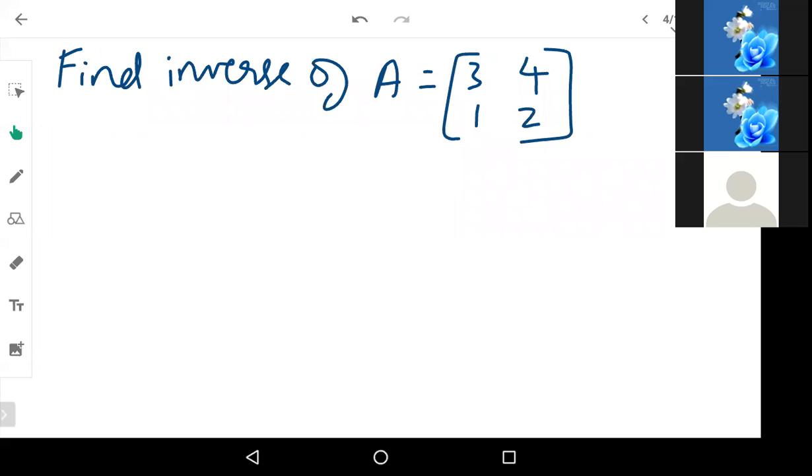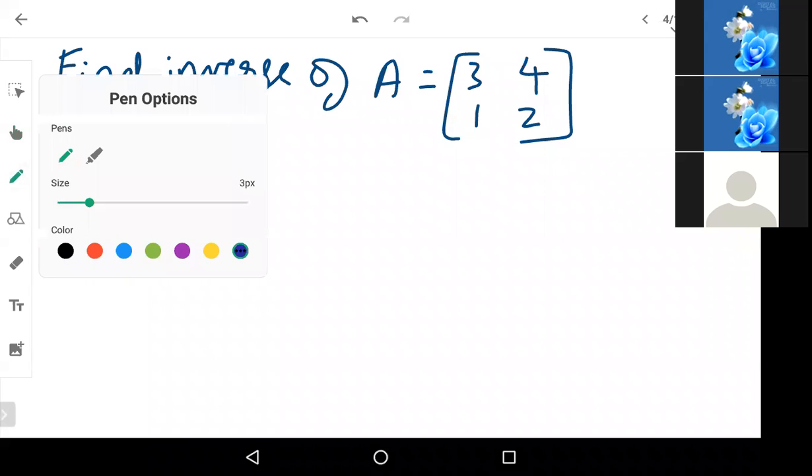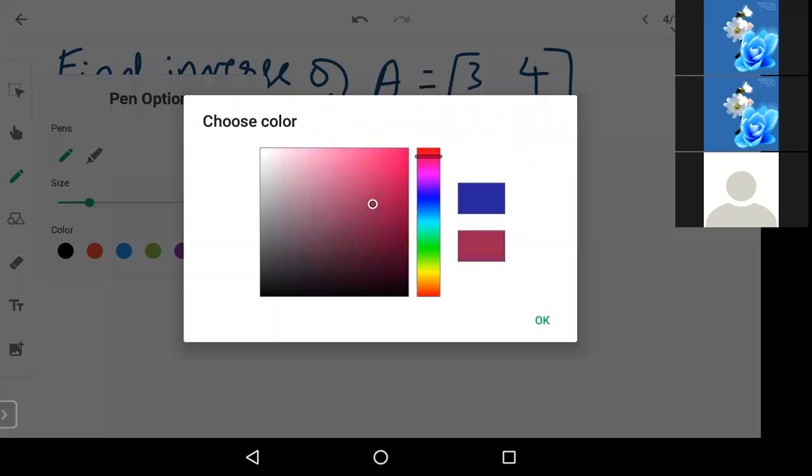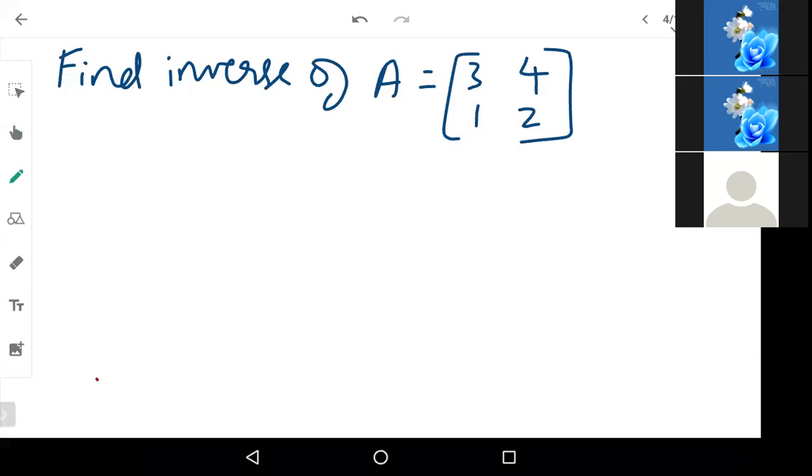Okay, so here is the first problem: find the inverse of A, which is a 2 into 2 matrix. Let us find it out one after the other. Firstly, you are supposed to write the formula.